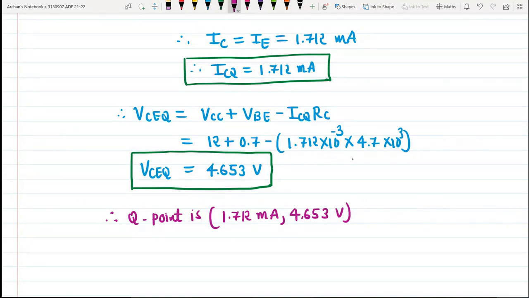Whenever we have to find the operating points, we perform the DC analysis on the amplifier circuit. For finding other parameters, we perform AC analysis. In the AC analysis, we will calculate the differential gain, common mode gain, input resistance, as well as output resistance of the differential amplifier circuit. Now let us carry out the AC analysis of the differential amplifier.